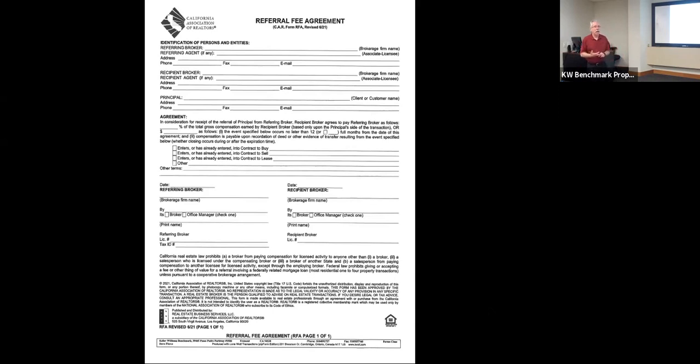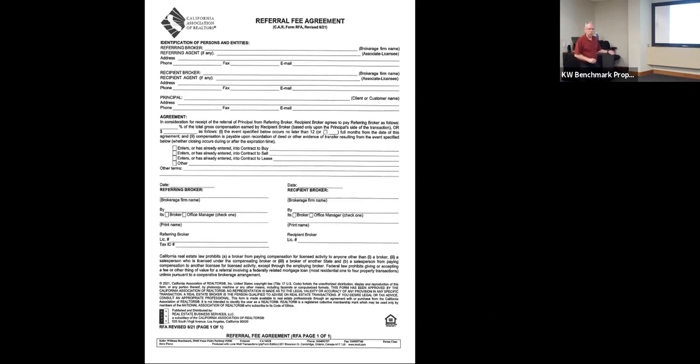Then the next group of documents are all going to be assuming you are going to be pursuing a listing with the seller. And then the third set of documents are going to be documents where you're preparing an offer on behalf of a buyer. And then it'll take you through all the forms. And I've put them all basically in a logical sequence instead of having you just go into Zip Forms and look at them in alphabetical order.